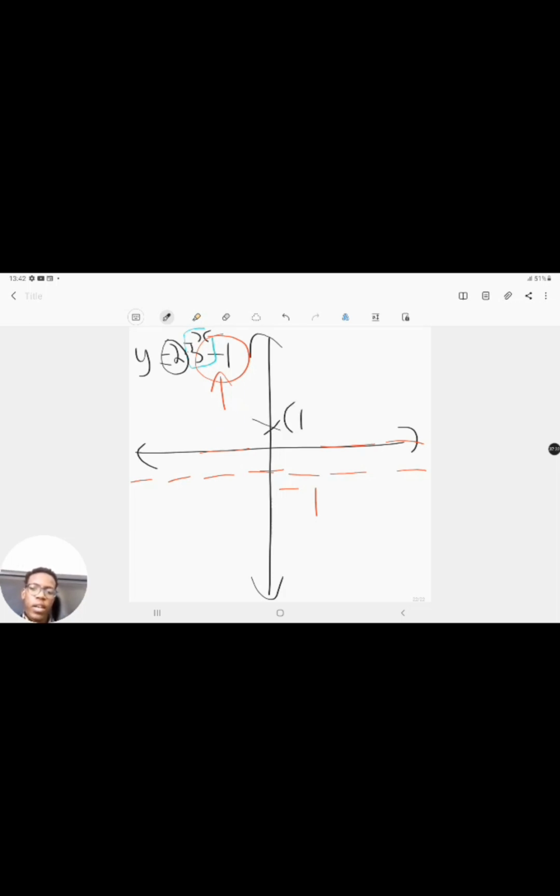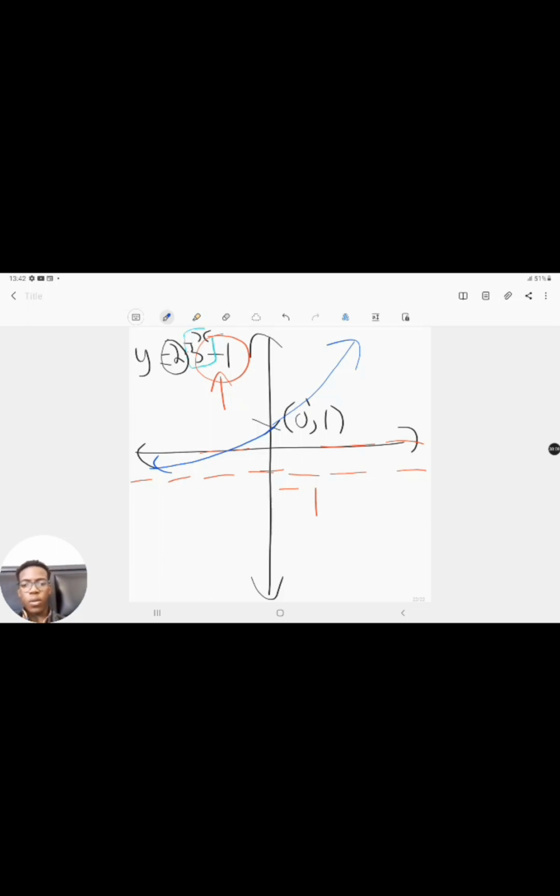That's 1 there, so the coordinates are 0 and 1, but your asymptote will have shifted down by 1 unit. And then your final graph will pass through there. It'll always be approaching your asymptote but never reach it, and then it will continue on up there and look like that. Okay, so that is how you would sketch this graph here.